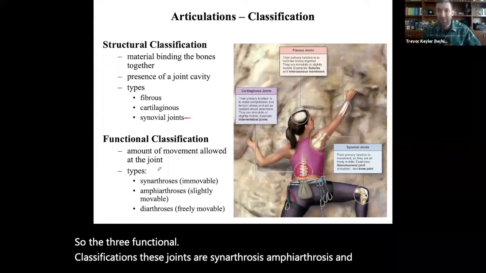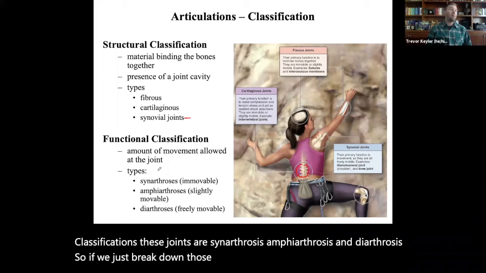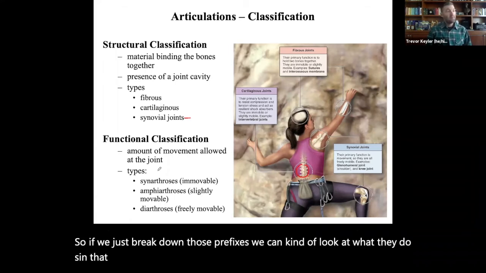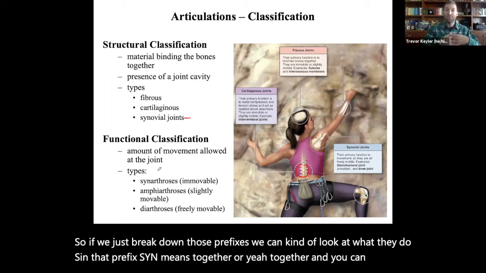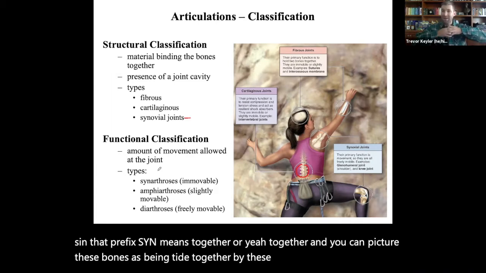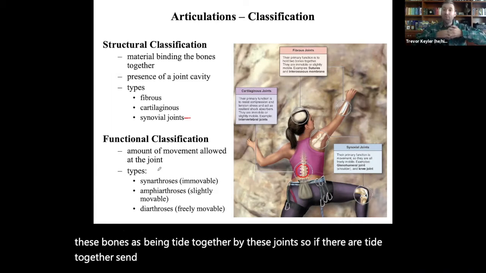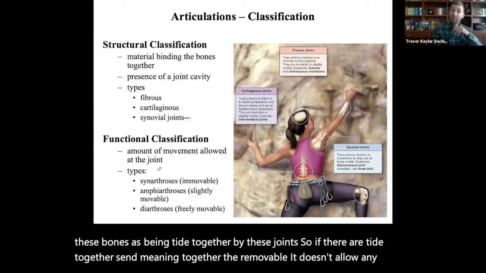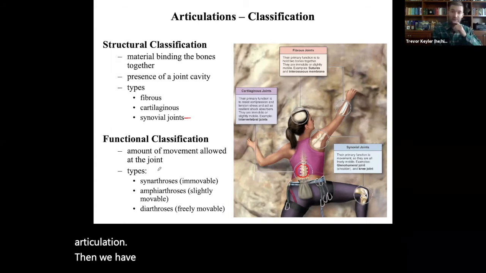So if we just break down those prefixes, we can look at what they do. Syn, that prefix S-Y-N, means together. And you can picture these bones as being tied together by these joints. So if they're tied together, syn meaning together, they're immovable. Okay? It doesn't allow any articulation. Then we have amphiarthrosis.